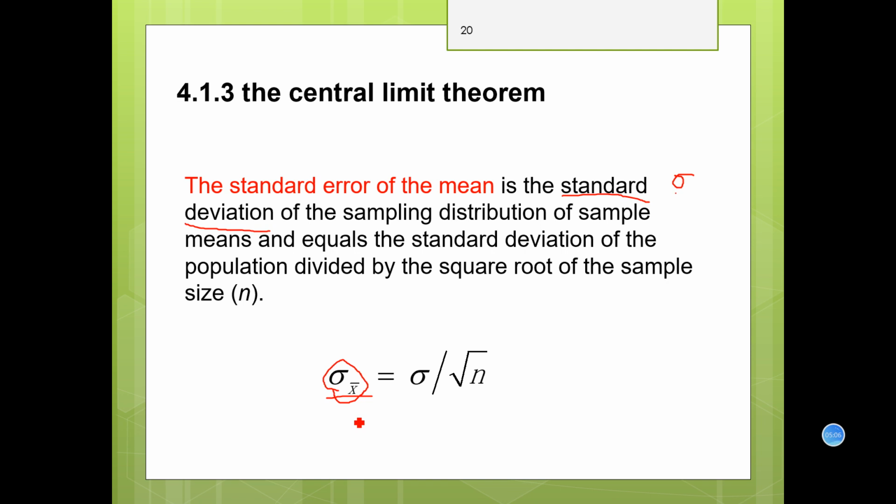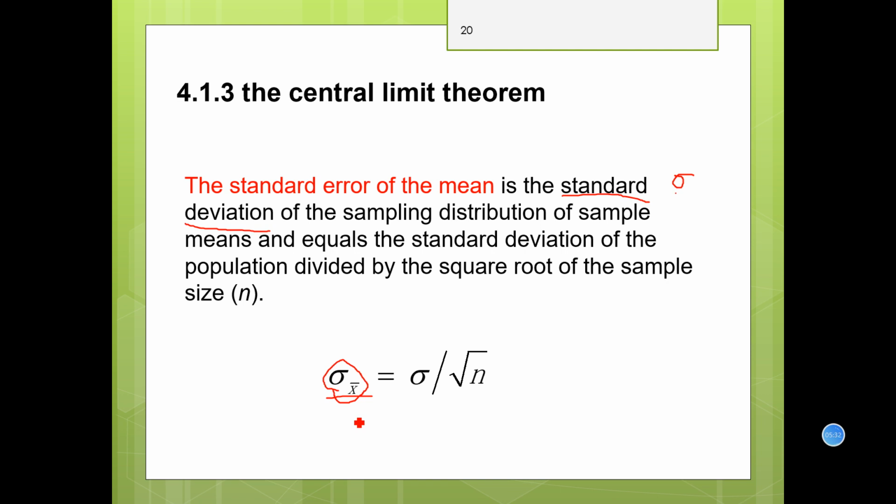So you need to know that when we are talking about the standard deviation of the original data, for example x, we can use sigma to represent this value. But when we are talking about the standard deviation of x bar, which is the sample mean, it must be sigma x bar, and we give it another name, that is standard error.